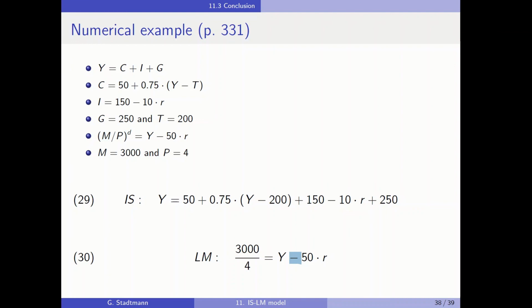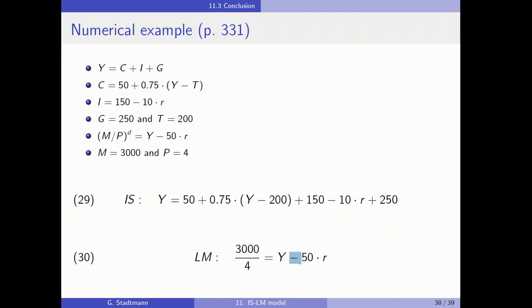Now you can see that in these equations 29 and 30, it is the case that only two unknown variables are left. Y is an unknown variable and R is an unknown variable.